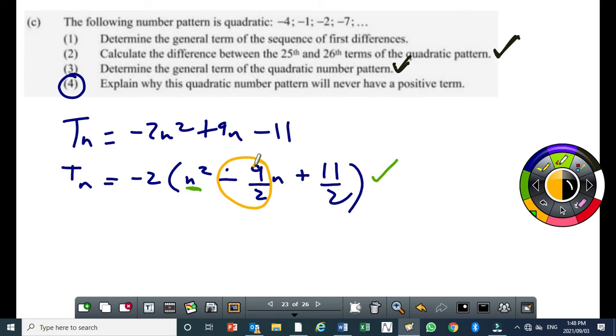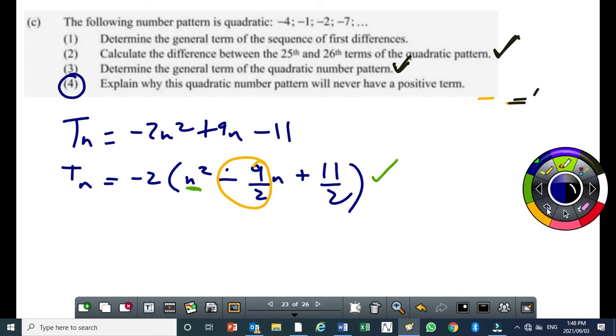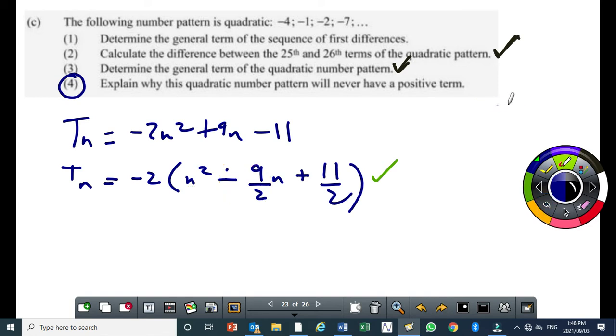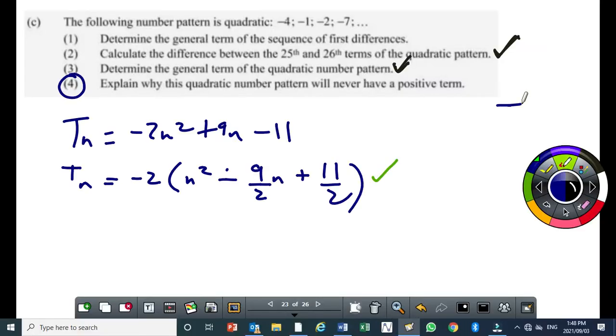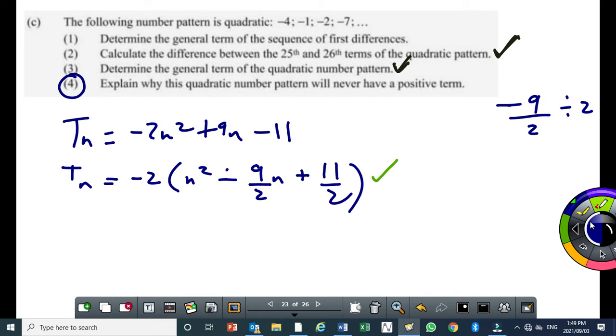So by half of the coefficient of n, we are saying, what is minus 9 over 2 divided by 2? We need to find half of the coefficient.